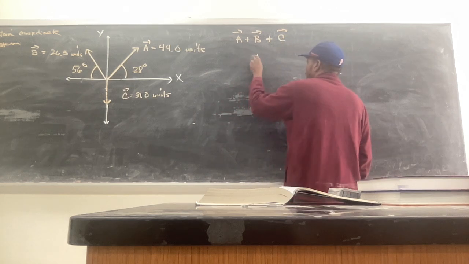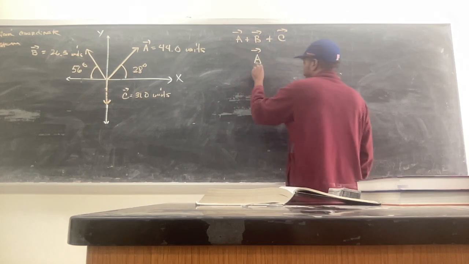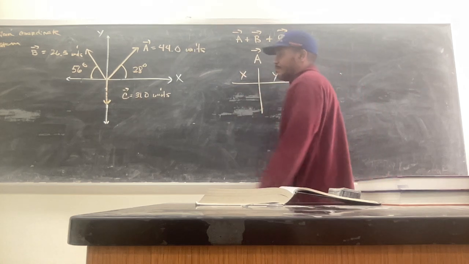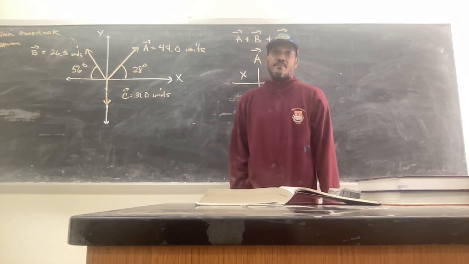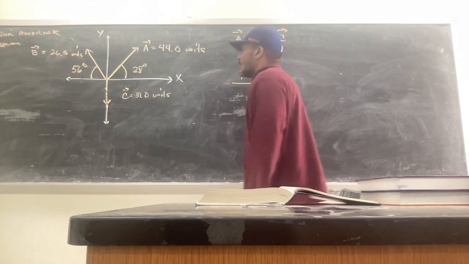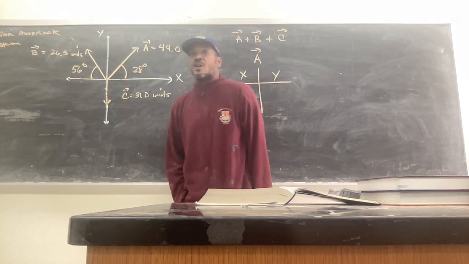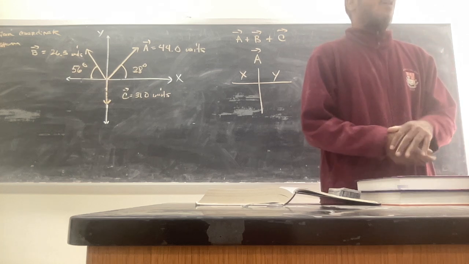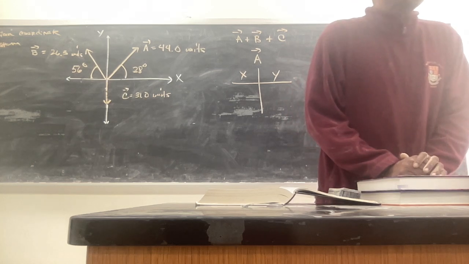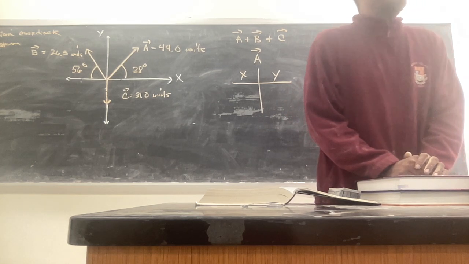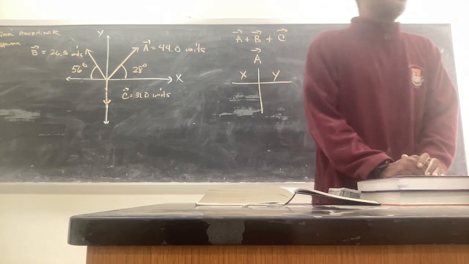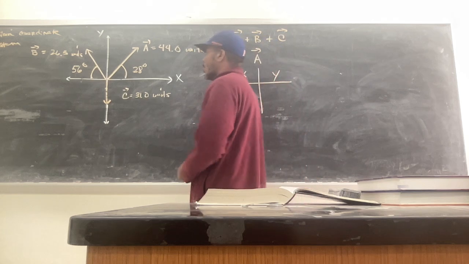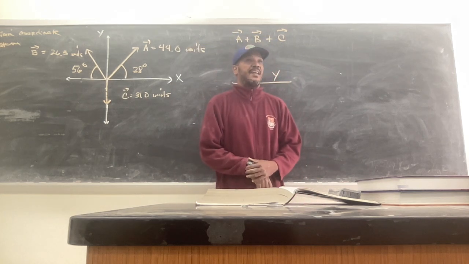So, vector A has an X, Y component, right? So what are components? Components tell us how much or how far the vector goes in a specific direction. Okay? So, how do we identify the x and y component?